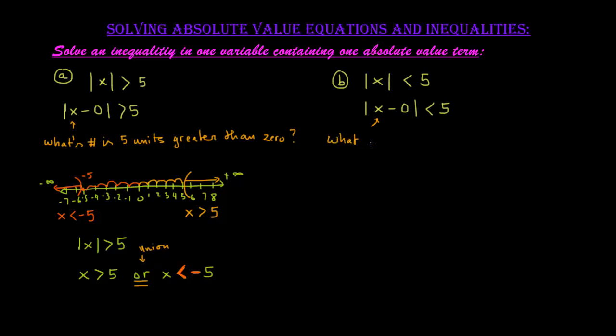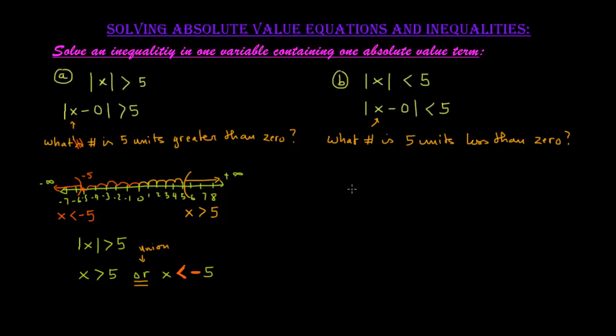So what number is 5 units less than 0? Okay, I believe I spoke wrong here. It should be: what number is 5 units away, less than, 0.